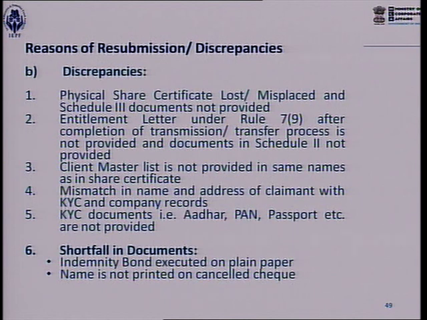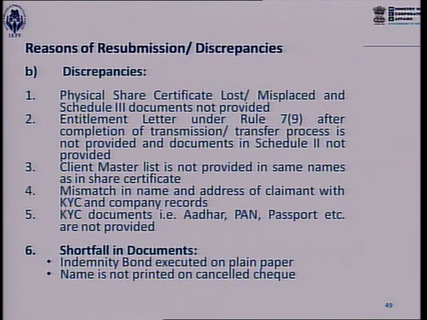In case of certain documentary discrepancy, we send it for document discrepancy correction. This is where the physical share certificate is not provided as proof of entitlement, or in case of loss of share certificate, the related documents under Schedule 3 are not provided, the entitlement letter from the company is not provided, the client master list is not provided or is not in the same name as in the share certificate, and the name difference affidavit is also not attached.